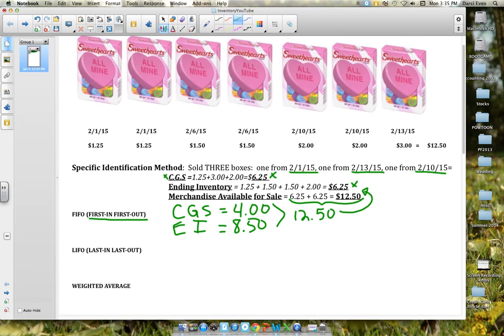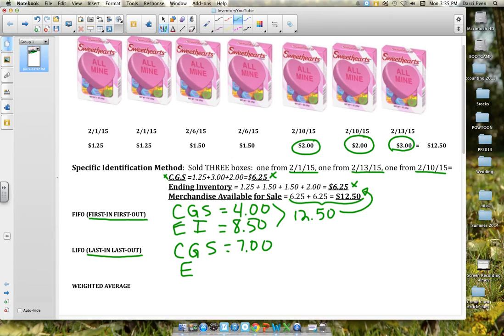And now we're looking at LIFO. LIFO is the last in, first out. So that's assuming the ones that we bought here most recently, we would sell first. We sold 3, so it would be these 3 at the end. That would be what we'd sell. So cost of goods sold in this case is $7.